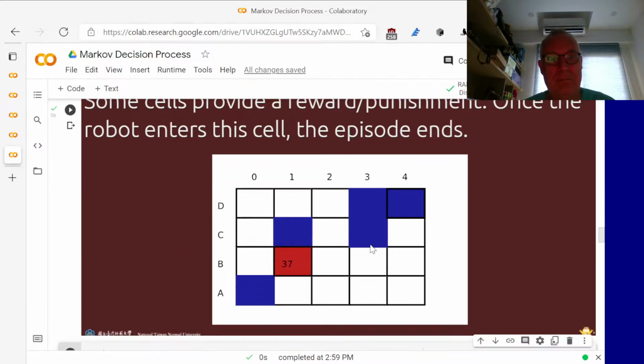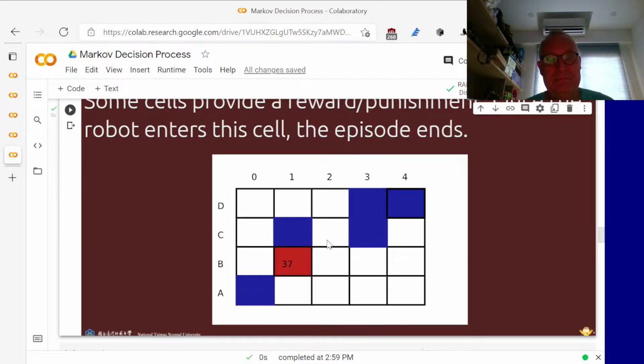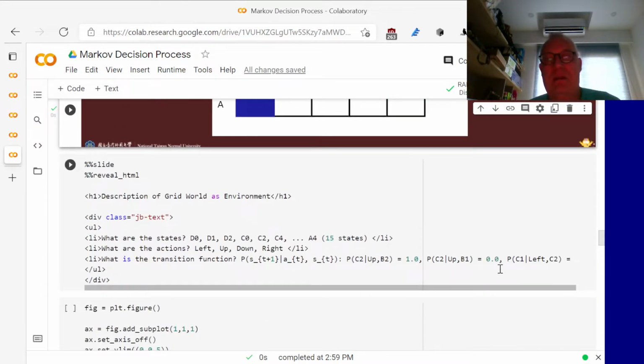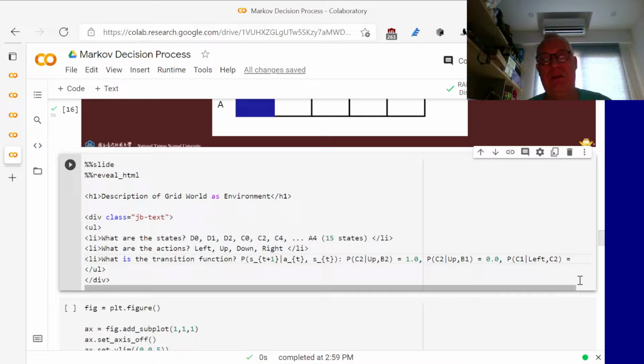No. What's the probability that I end up in C1 if I execute left in state C2? Yeah. That's 0 because C1 is an obstacle.